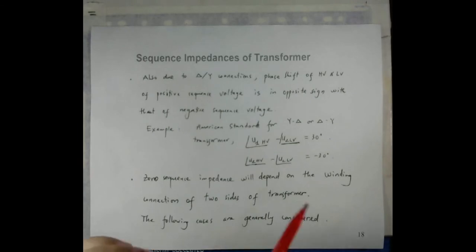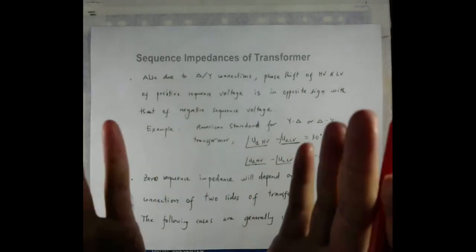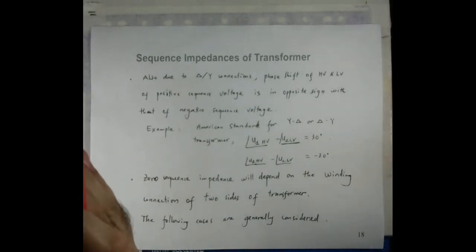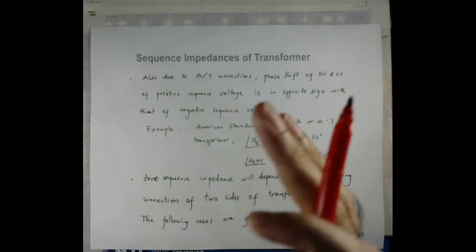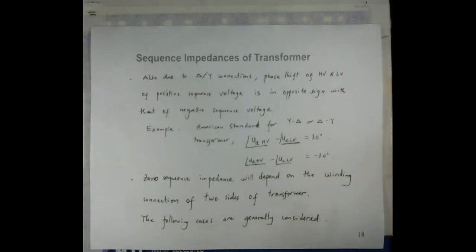A transformer's primary side can be Y connected or delta connected, and the secondary can be Y connected or delta connected, or the other way around. So these are the different situations. Let's talk about the zero sequence network in these different situations. We will majorly discuss three cases.